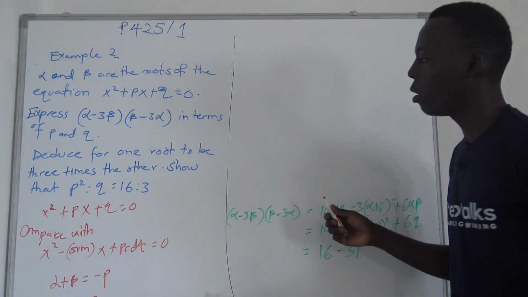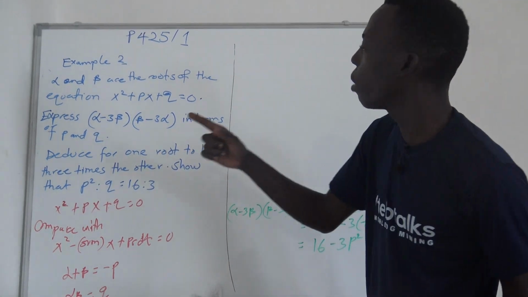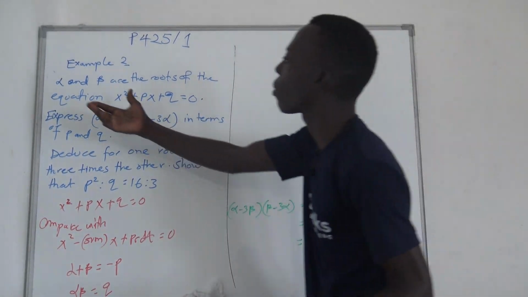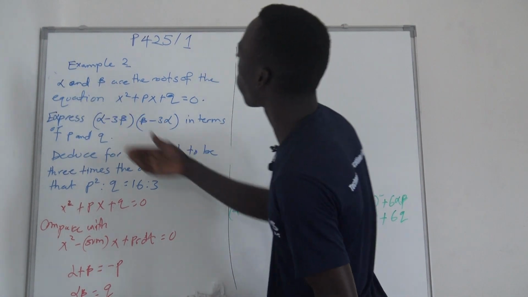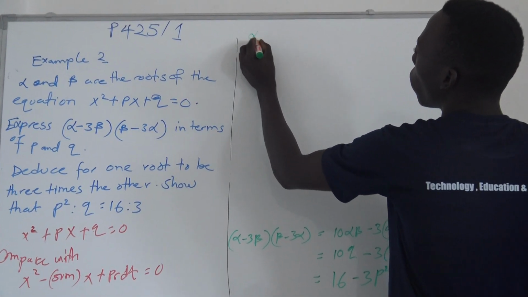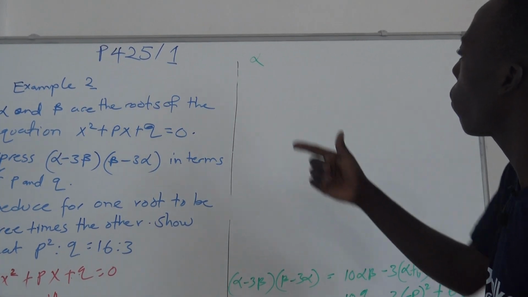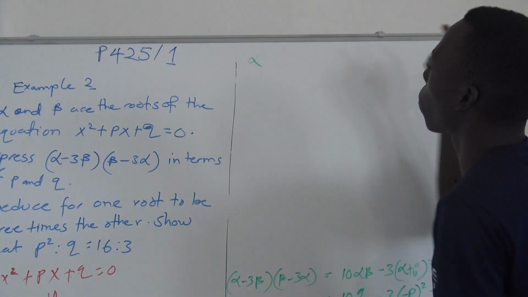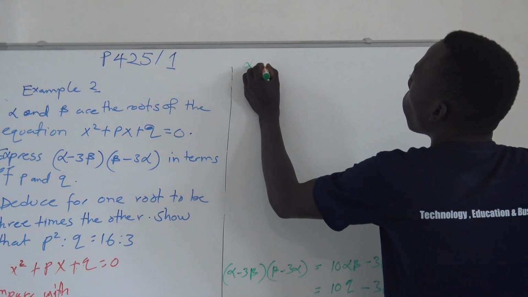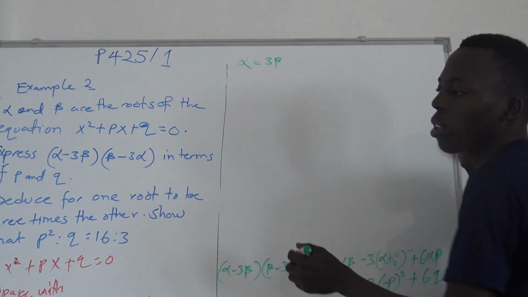We are saying that deduce that for one root, they have said that the roots of the equation are alpha and beta. For instance, if you take alpha as just one root, it must be 3 times the other root.